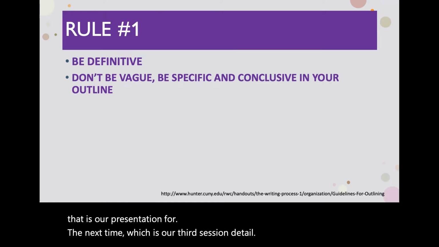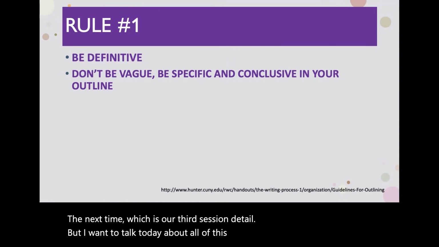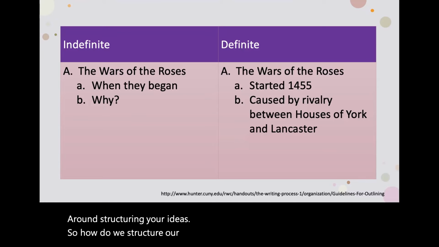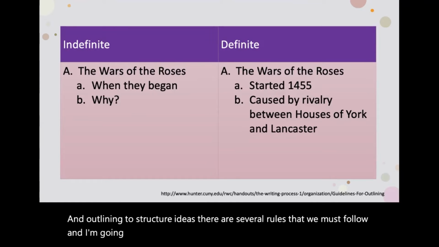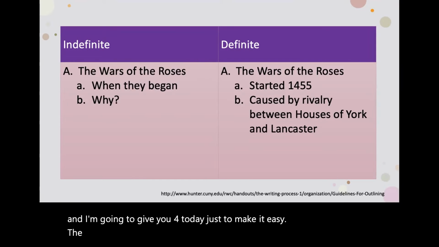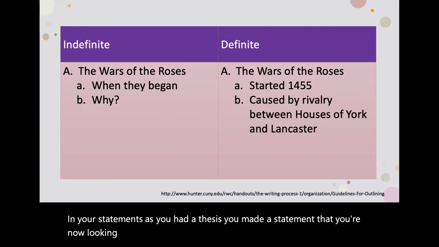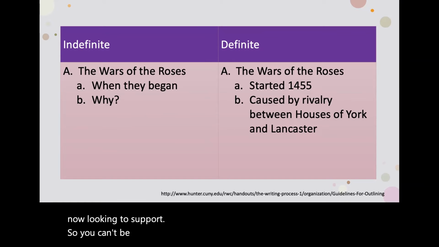So here today, we have rule 1, be definitive. So what does it mean to be definite versus indefinite? Look at the screen, and we'll take our time here. We only have a few more slides to go, so I want to take the time to really dig into examples. An indefinite is the Wars of the Roses.